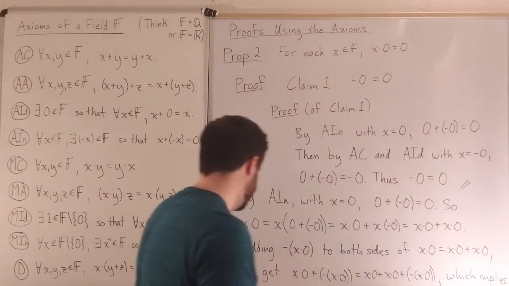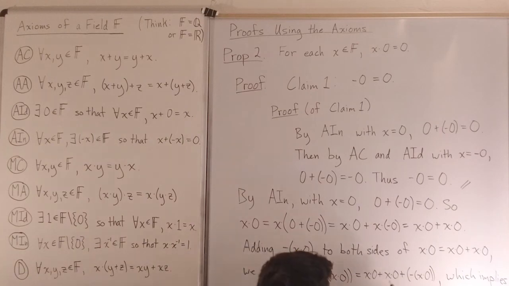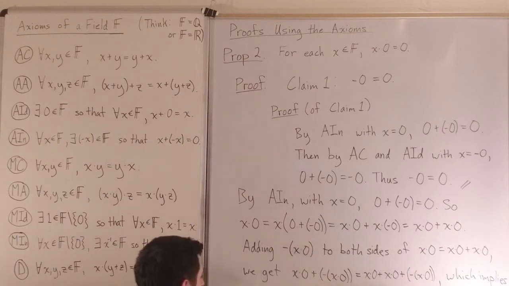And I'm going to squeeze this down on the last line here. So we have this, and now this implies, because this is 0 and this is 0, that 0 is equal to x times 0.